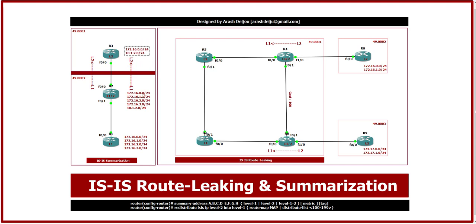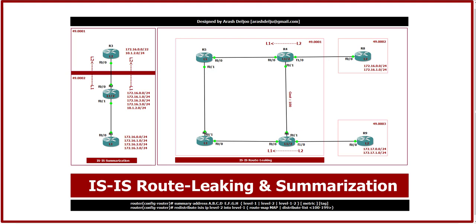The summary of these 4 networks is equal to 172.16.0.0/22. This is a summary of these 4 networks, and this means that we are using less bandwidth to advertise these routes, less CPU to process these routes, and finally less memory to keep them in the routing table of router 3 or other routers of the level 1-2.